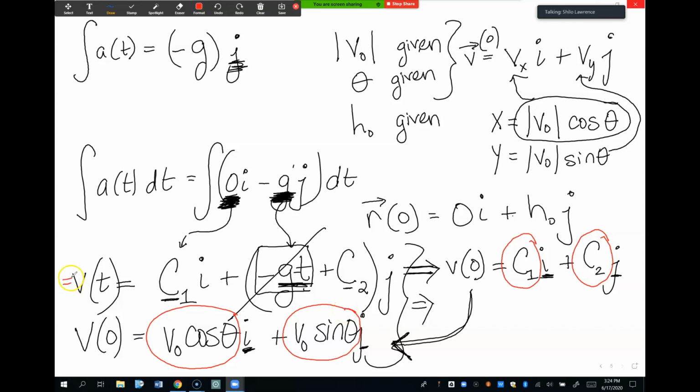So I'm going to rewrite this vector valued function for velocity, and I'm going to replace those constants with these values here. So I'm going to rewrite this entire thing, but I'm going to replace c1 and c2. And I will have a representation for my velocity vector.